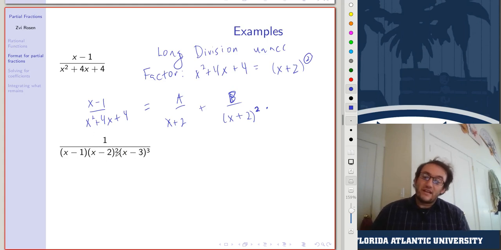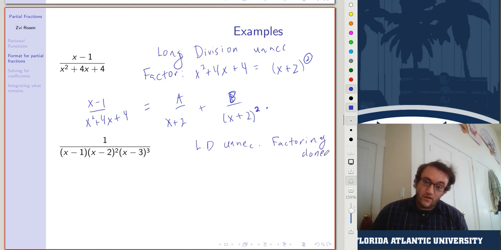1 over x minus 1, x minus 2 squared, x minus 3 cubed. Okay, so here the factoring is done for us. So the long division is unnecessary. So now we just have to follow the rules to get the appropriate format.